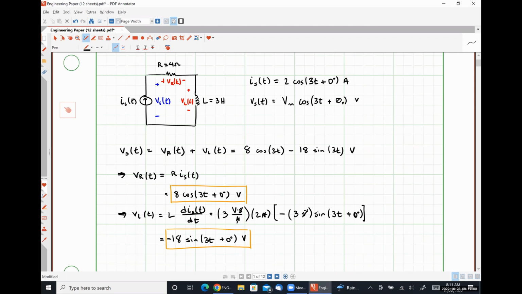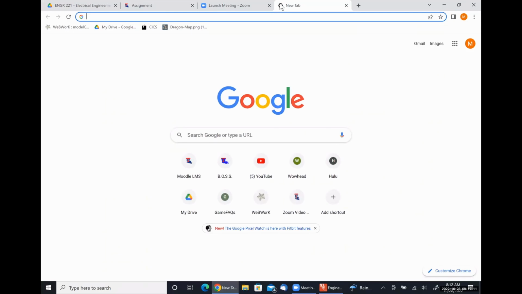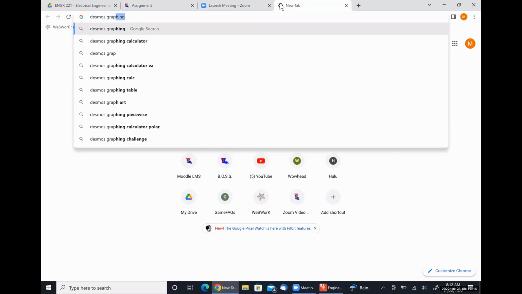So I'm going to pull up Desmos. I can find my mouse, so I'll use the touchscreen. Desmos graphing.